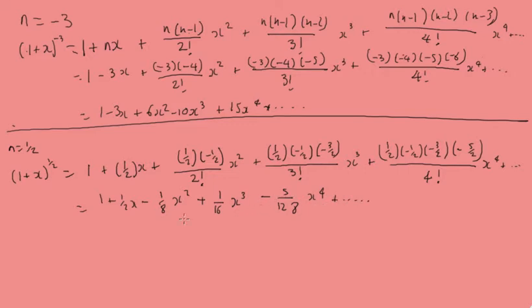So we can see that the sequence of coefficients forms an infinite series. You can keep adding more and more coefficients in. Now when the modulus of x is less than 1, the binomial series converges.